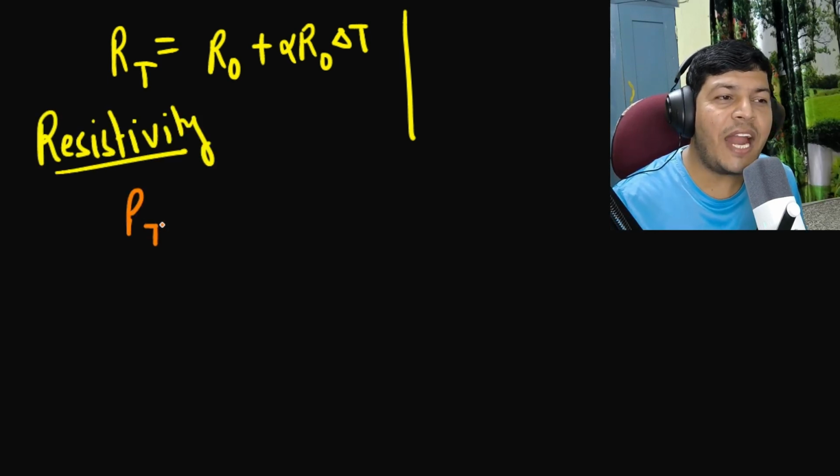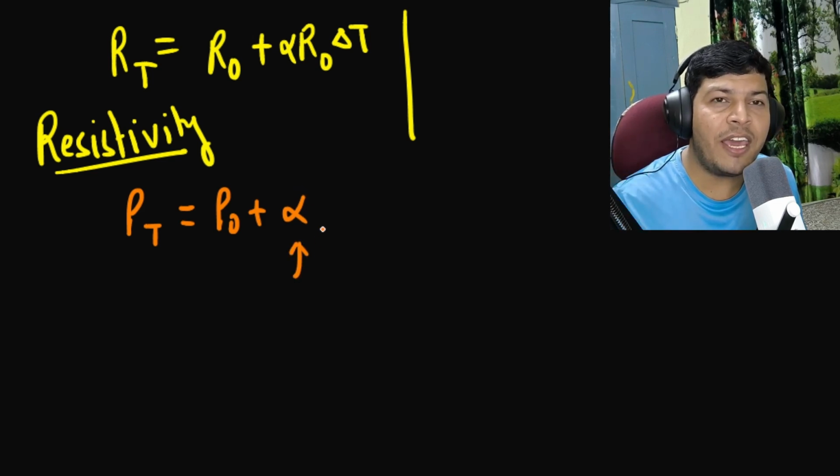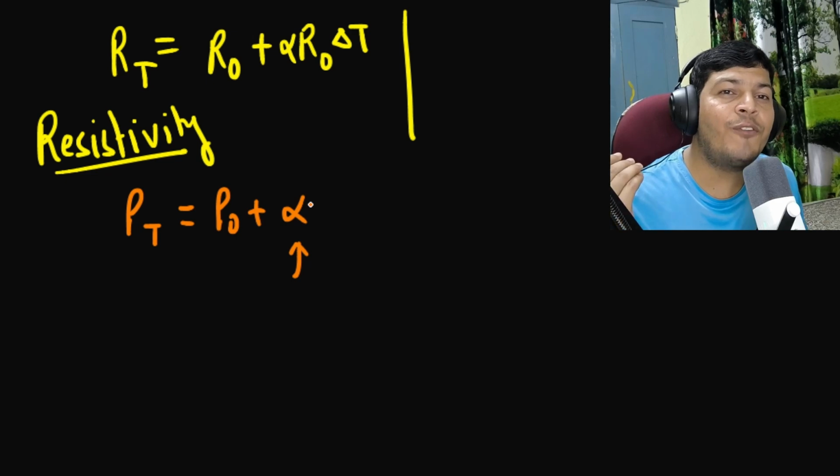So resistivity at any temperature will be equal to original resistivity plus alpha. Now you need to pronounce this alpha as temperature coefficient of resistivity.